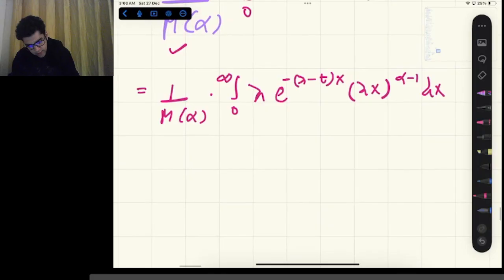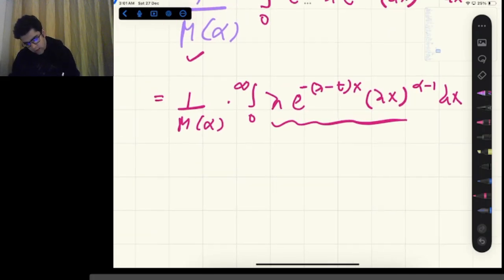So what does this say? This integral basically gives me lambda e to the power minus lambda minus t x, lambda x to the power alpha minus 1. So if I substitute lambda x as t, or rather I need to substitute lambda minus t... wait a minute.